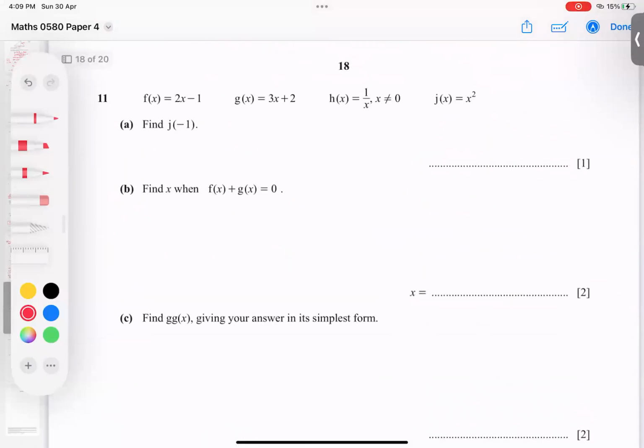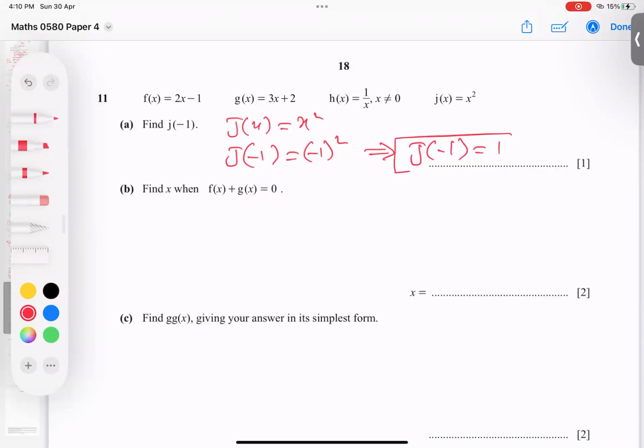Number 11. What is the question? Find j of -1. So first of all, copy j. Replace every x by an empty space, and put -1. Why? Because it is mentioned here: j of -1 is coming here, -1 to the power 2 becomes 1. So this is my answer.